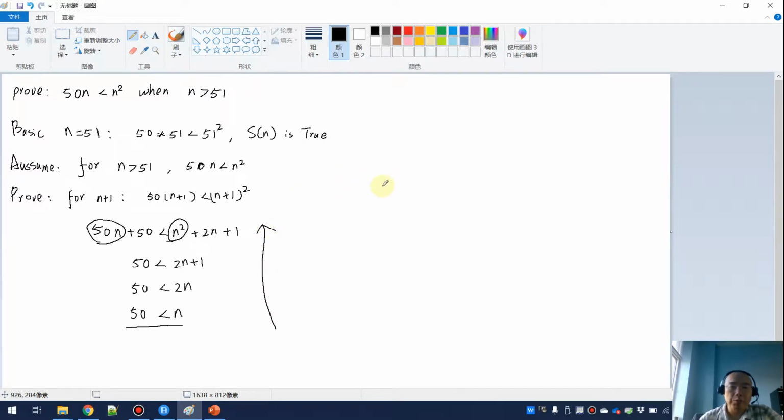Well, I want to prove that we know n is greater than 51, right? So we started from the known part. And then we can say, so n is definitely greater than 50. Okay, is that true? And then, so 2n is, of course, greater than 50, because if n itself is greater than 50, then 2n is of course greater than 50.